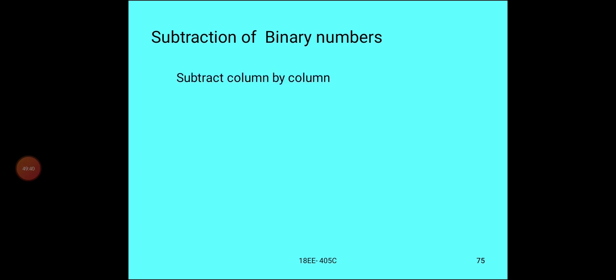Subtraction of binary numbers. Subtract column by column, with a borrow bit. So 1101 minus 1010. 1 minus 0, the difference is 1. 0 minus 1, you take borrow 1, the difference is 1.